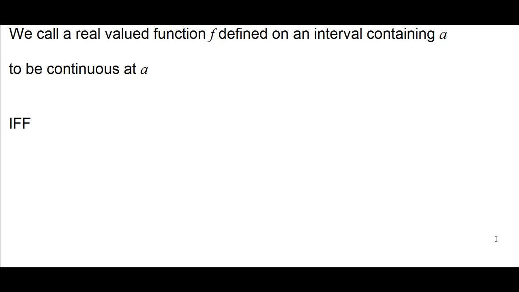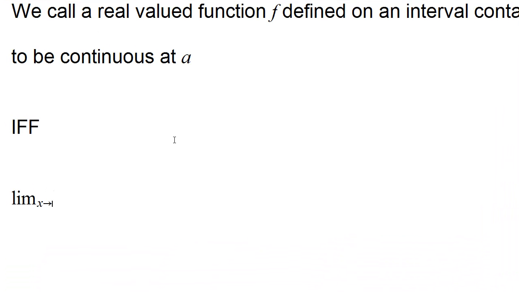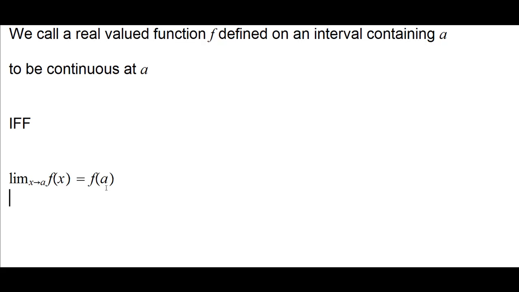We are going to call a function f, which is defined on an interval containing a, and note that at this time we need the definition at a as well, to be continuous at a if we have the following: the limit of the function must be available at that point a, and the limit must equal the defined value of the function at a.